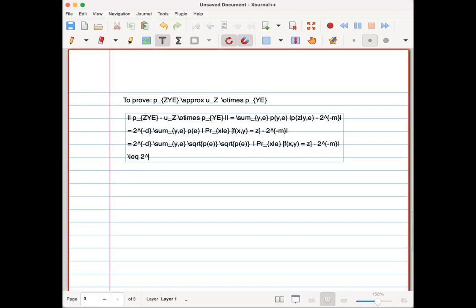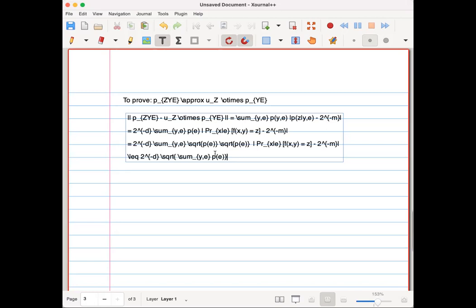So 2 to the power minus d. What is Cauchy-Schwarz? It says that the dot product of two vectors is less than the product of their L2 norms.